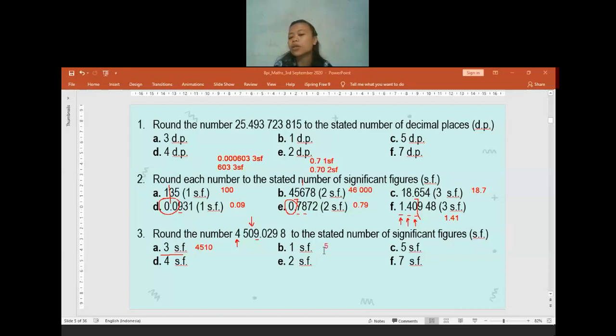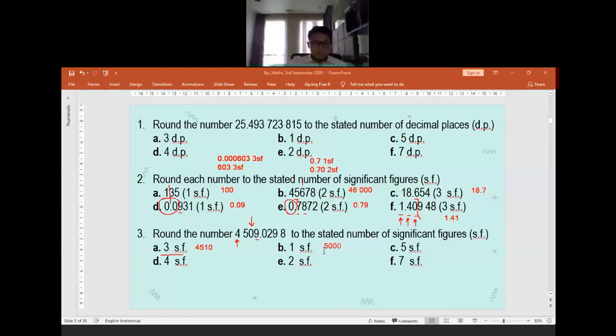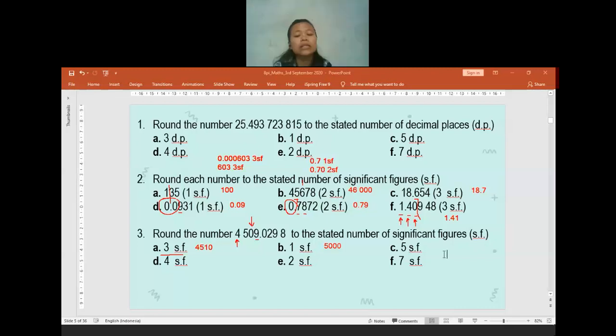But the answer will not be only 5. How many? You have to make sure the number will be 5,000. Because the number is given in the thousands, you have to make sure the value is the same. The value is consistent. That's why it will be 5,000.